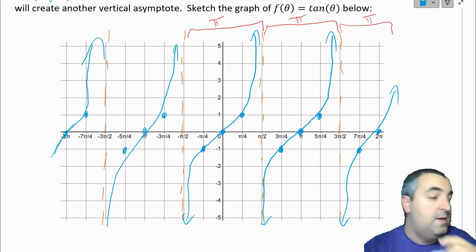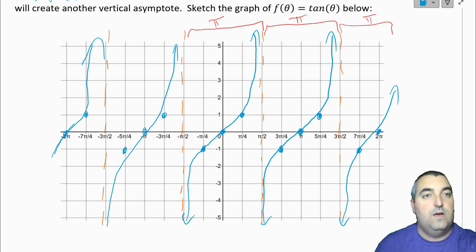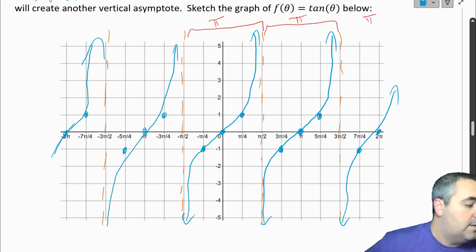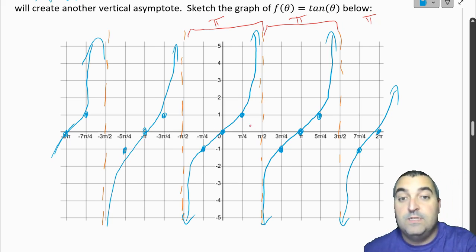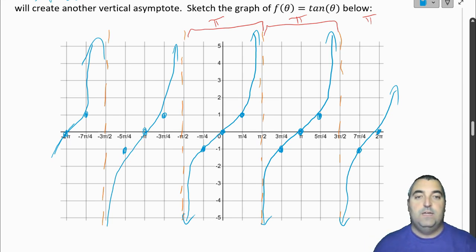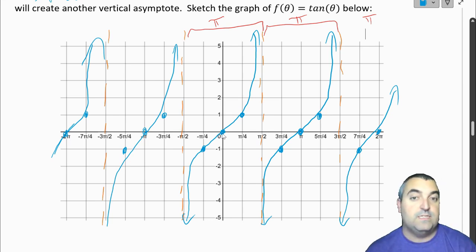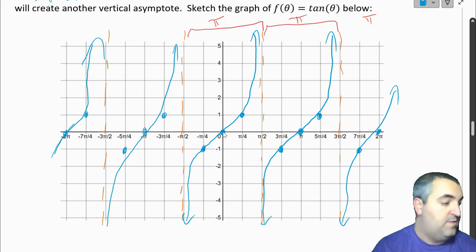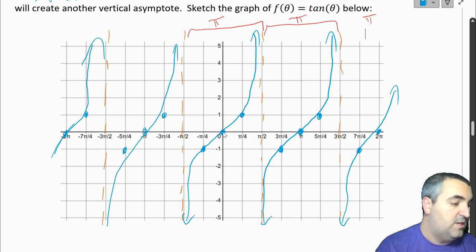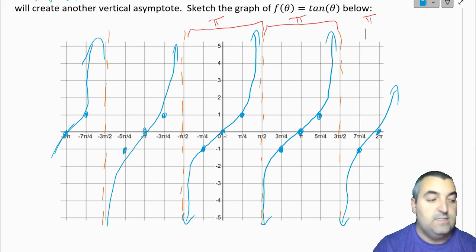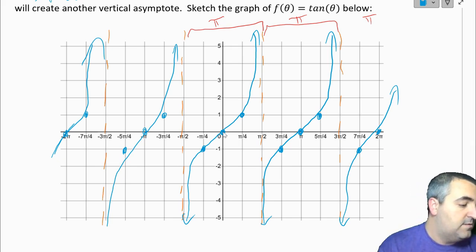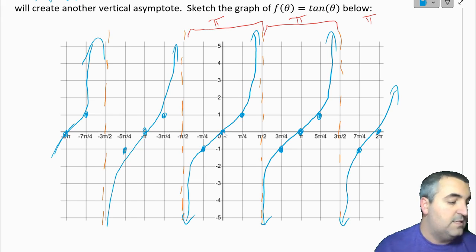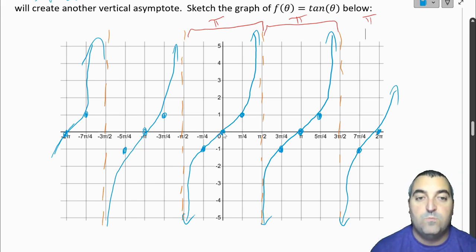Another thing to notice is the y-intercept is in the middle. We still have a midline, and just like sine, tangent has a starting y value at the midline, whatever the midline is, which in general, if there's no shift, is at 0. And then you have this inflection point in the middle of each of these squiggles.